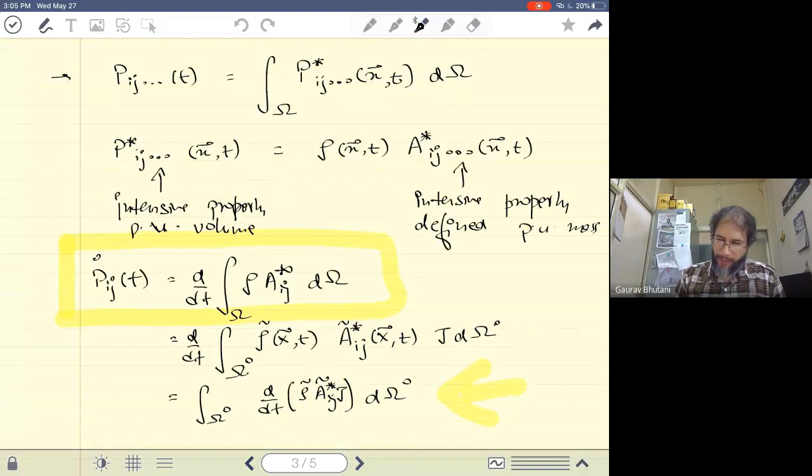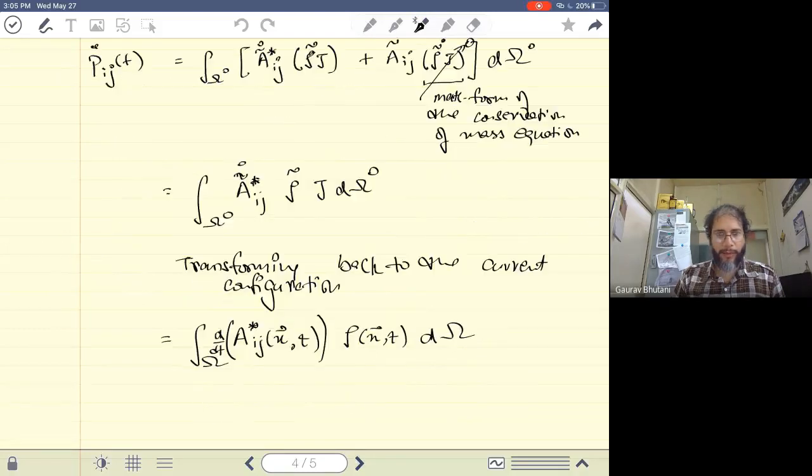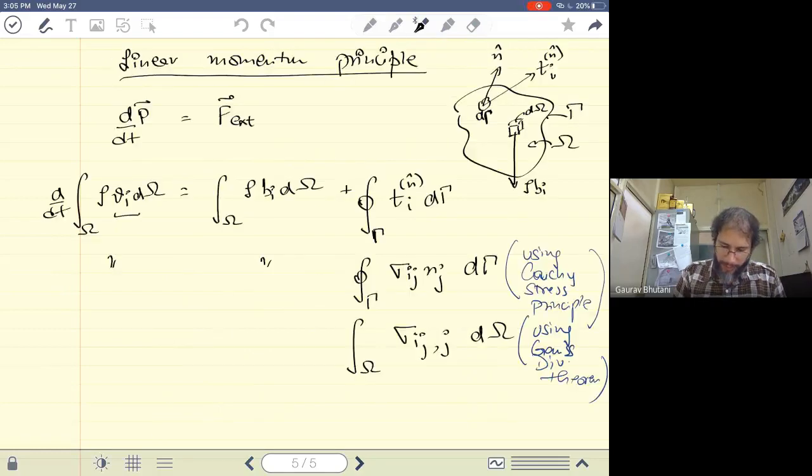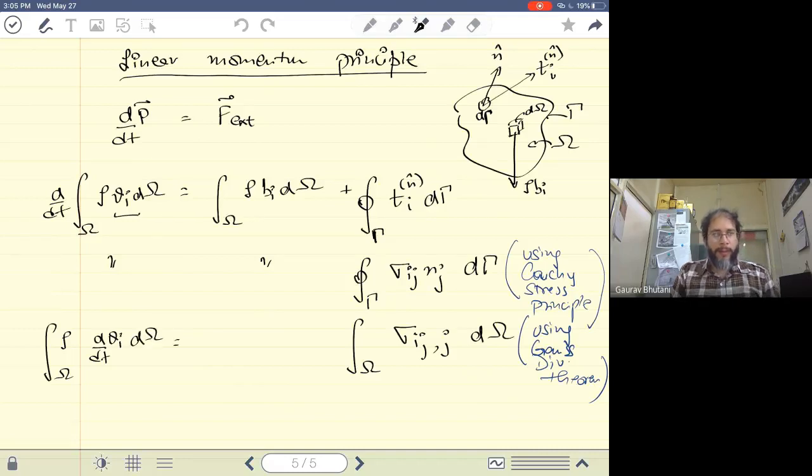So whenever you have this d by dt of rho times a star times d omega in the integral, then we simply get d by dt of a star as shown here. So we'll do the same thing. So this simply becomes integral. So rho stays as it is. We get d by dt of vi times d omega. So that is the reason we derived that expression to be able to apply that in this linear momentum principle.